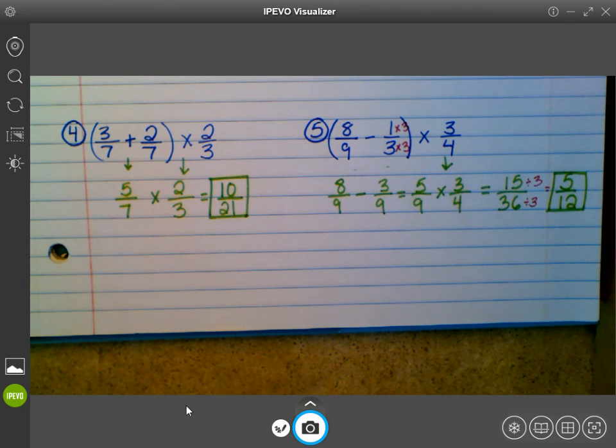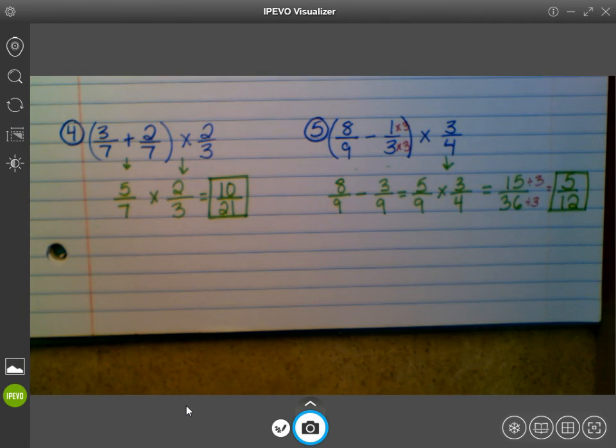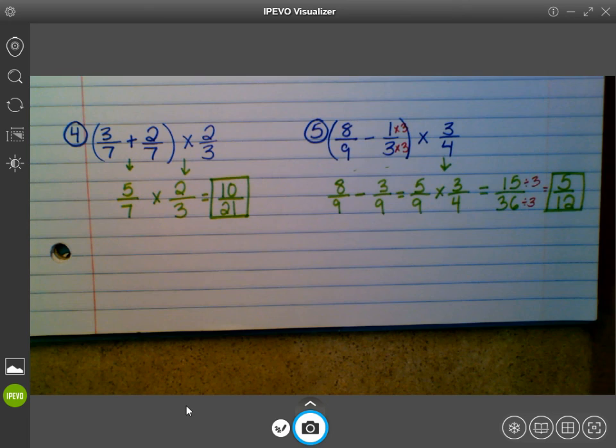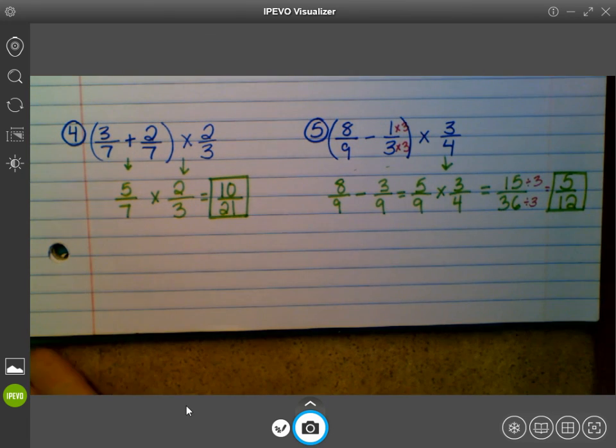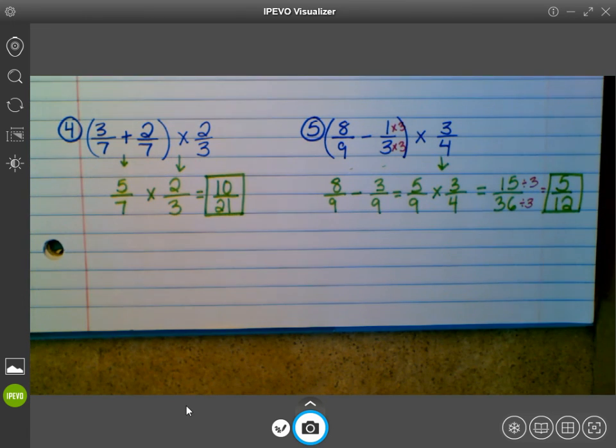Take out your math workbooks for your homework. You will be opening up to page 485.